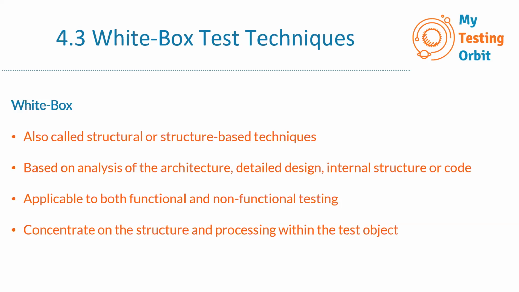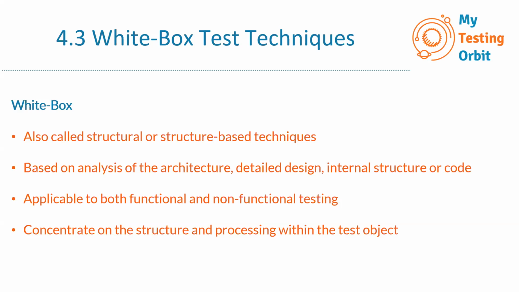White box testing is based on analysis of the architecture, detailed design, internal structure, or code. In black box, we were just concerned about the inputs and outputs, and we didn't know what's happening in between in the system. But here in white box, we are testing the internal structure of the system, and it can be anything.